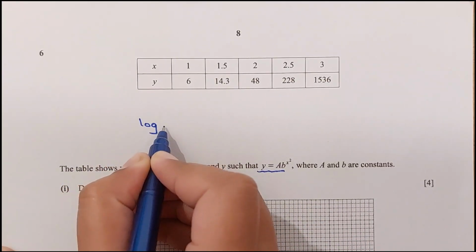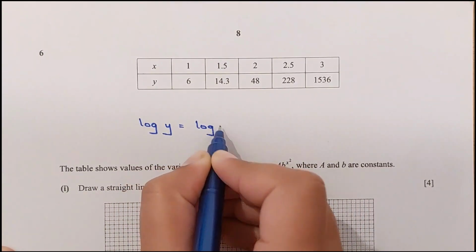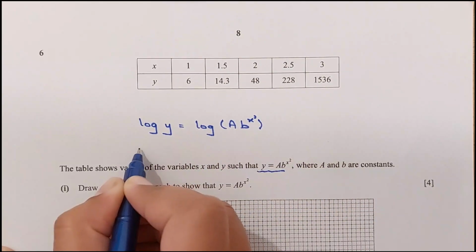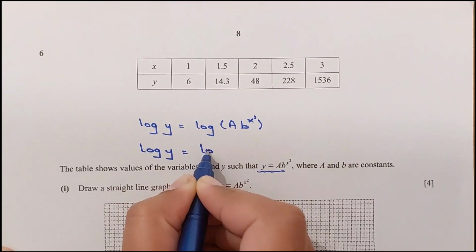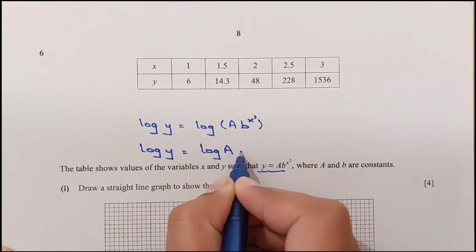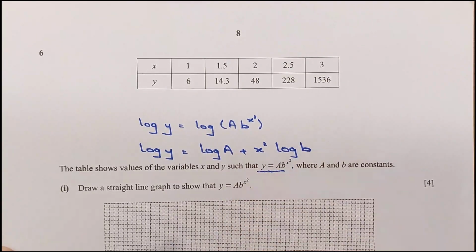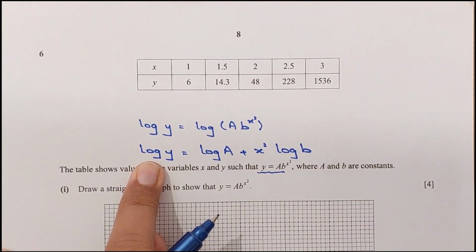So log y is equal to log of a, b exponent x square. From here, log of y is equal to log of a plus x square log of b. So it means we have to plot the graph of x square against log y, right?